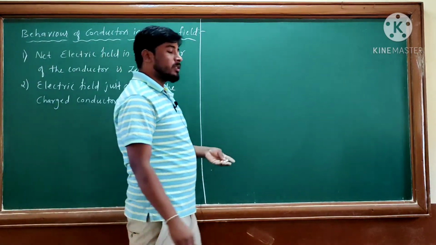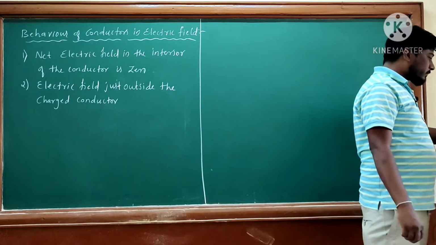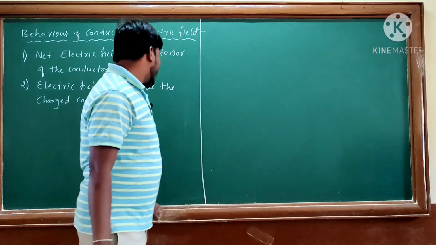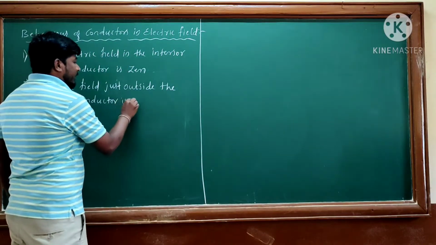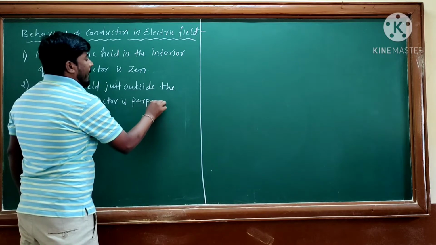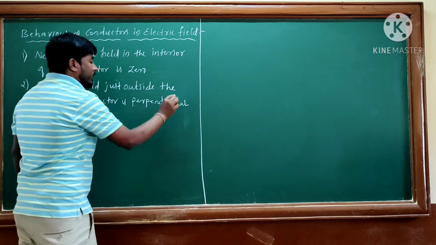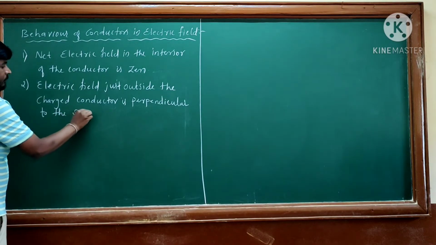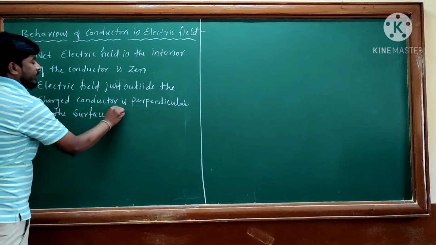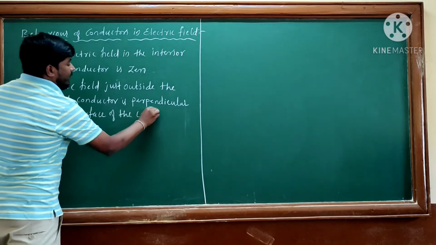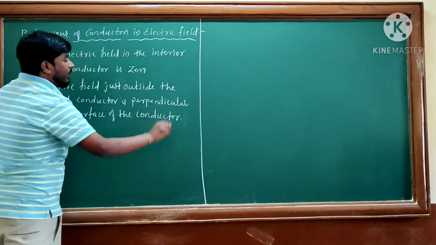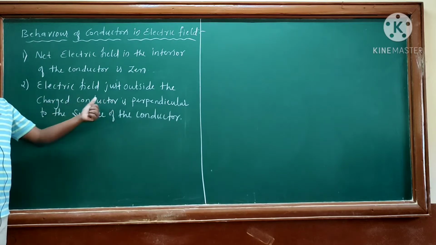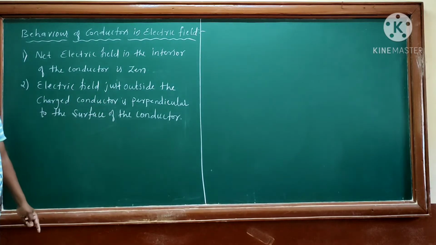Electric field just outside the charged conductor is perpendicular to the surface of the conductor.